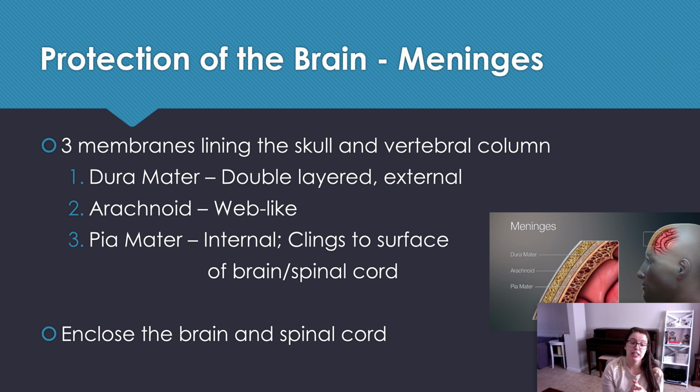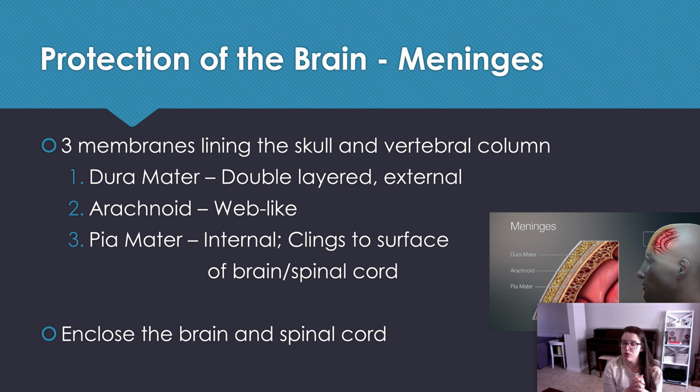The pia mater is the most internal layer, and this clings to the surface of the brain and spinal cord. So this is the layer that we cut through to get to the brain because it was kind of attached to it.